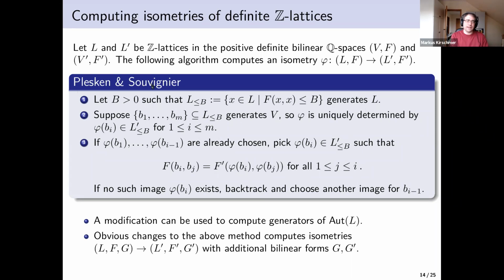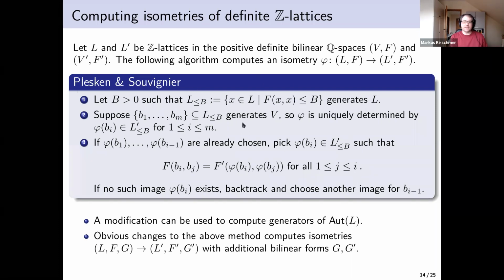And we have L and L prime Z-lattices, so that's just Z-modules. And the set of all vectors inside such a lattice of a given length B, or at most B, is finite, and it can be enumerated by the Fincke-Pohst algorithm. So there's a method of computing that, and it's implemented in Magma, Sage, etc. So in a definite lattice over the integers, you can ask for all the vectors up to length 10, and it will readily give you that set.